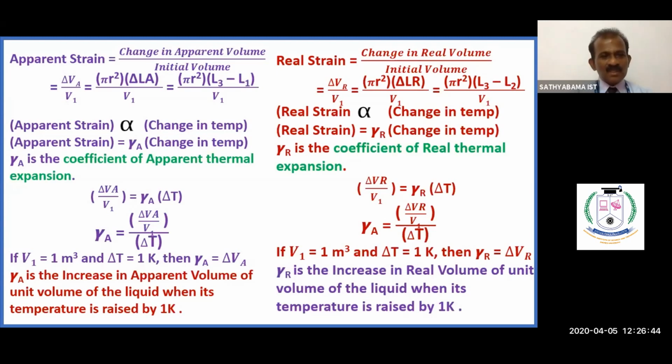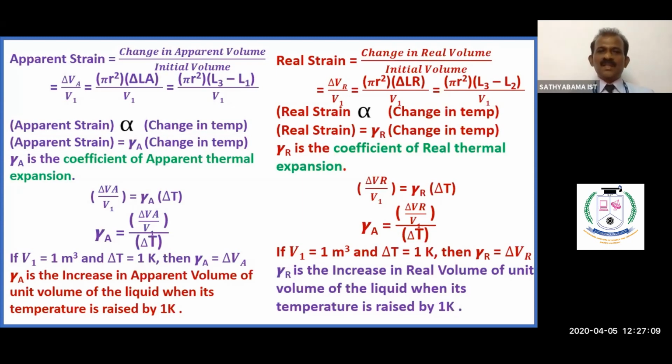So, the coefficient of apparent thermal expansion is the increase in apparent volume of unit volume of the liquid when its temperature is raised by 1 Kelvin. Similarly, the coefficient of real thermal expansion, gamma R, is the increase in real volume of unit volume of the liquid when its temperature is raised by 1 Kelvin.